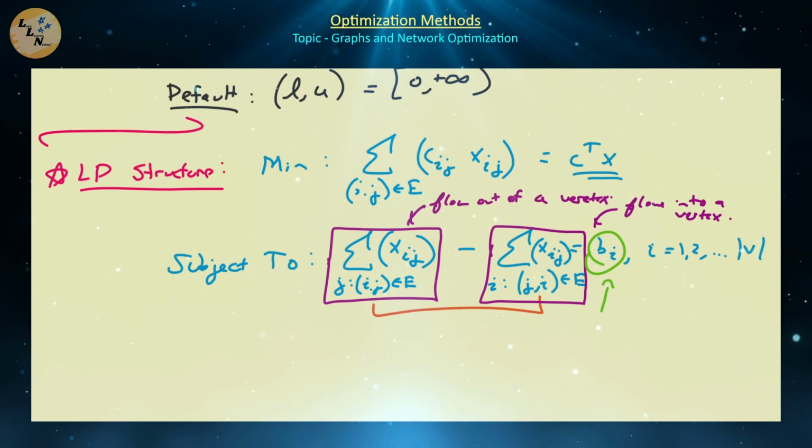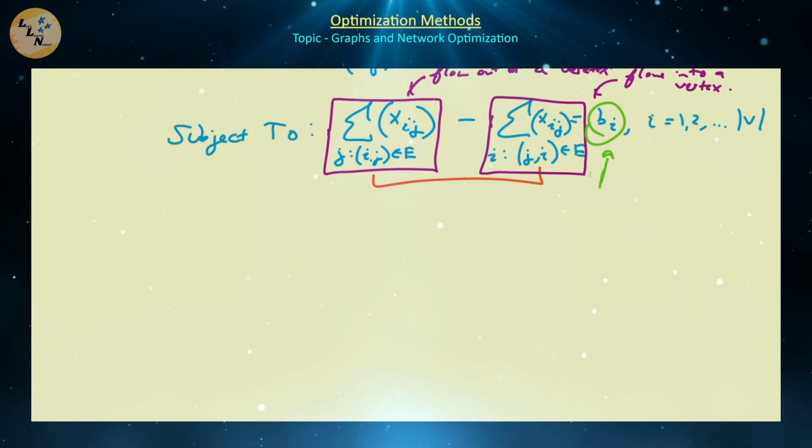Therefore, the flow out should dominate the flow in, leaving us with a positive number for supply, and similar can be interpreted for the demand nodes as well, because the demand node has bi negative, and therefore the flow into that should be dominating the flow out of that particular vertex. So that's why we're creating this to be our constraint for our linear program.